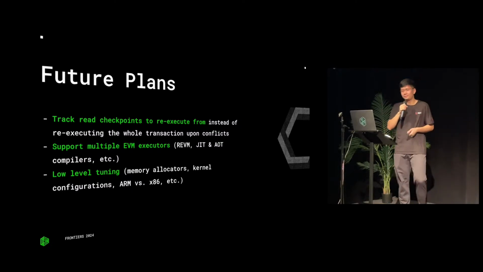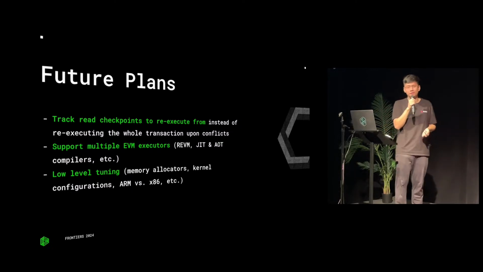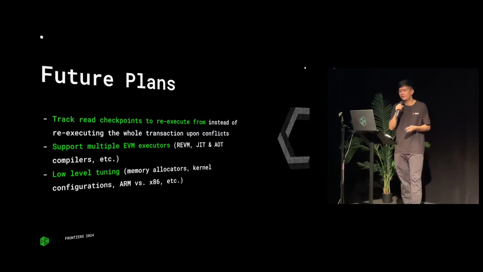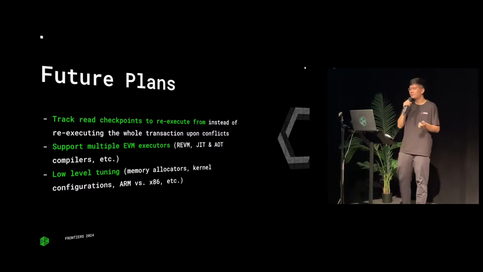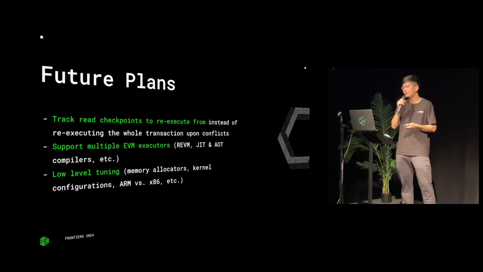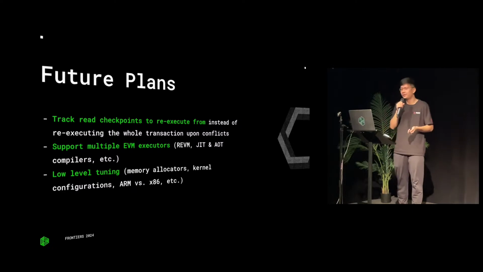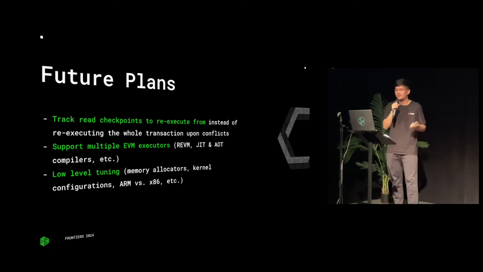I have to alert everyone in the team to make sure you have the right kernel version on your machine, and make sure that all the cloud instances have the right kernel version. And of course, we cannot just get stuck with this kernel version, right? So in the future, we will need to fine-tune parallel EVM to work well with most common kernel configurations, and especially to have the best one for our own stack.